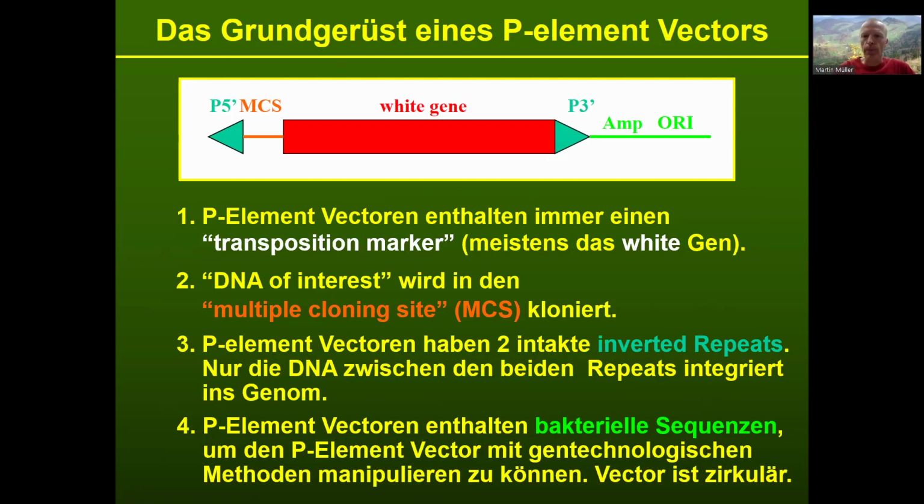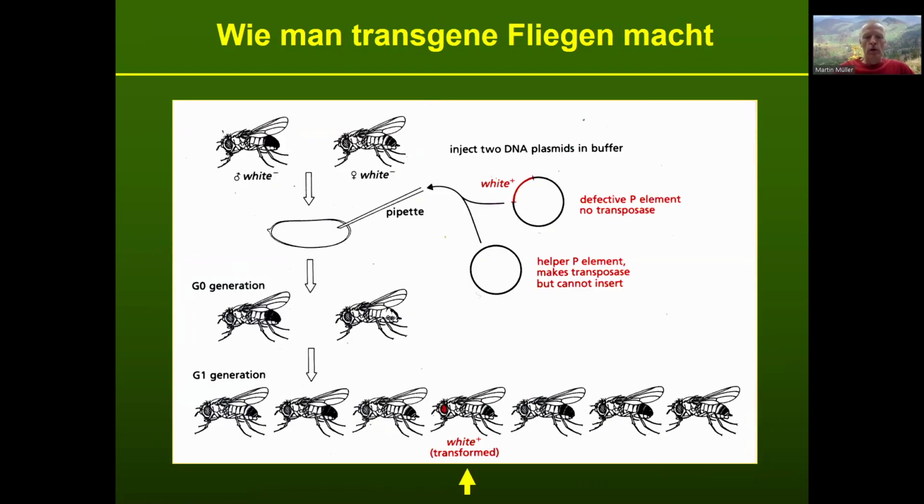Very simple. You can now, as I said, introduce your DNA of interest in here, bring it back into the fly, and study what effect this DNA of interest has in the fly. That's how you make them.